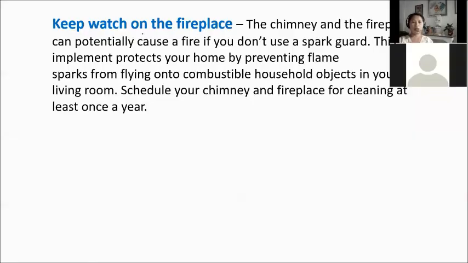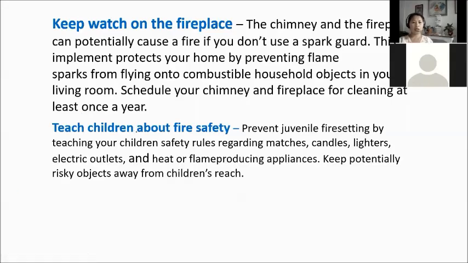So, keep watch on the fireplace. So wala man siguro tayo nito kasi tag-init, tag-ulan lang man tayo, no? So meron ding safety measure pag merong fireplace. Teach children about fire safety. So kung may mga bata kayo, no?